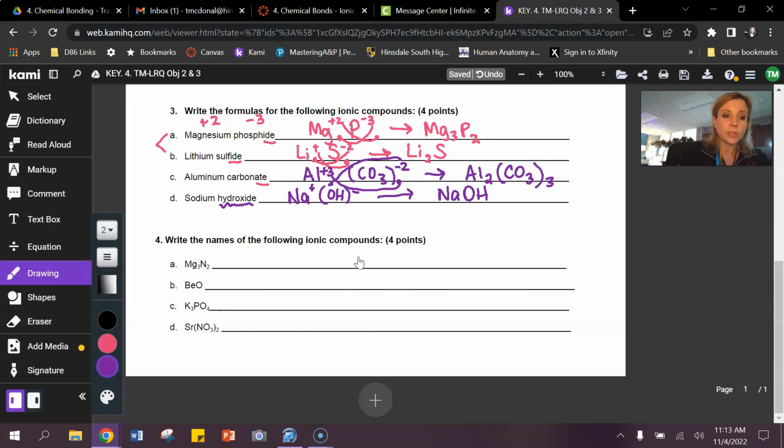This one is called magnesium nitride, because remember, you have to change the ending of your anion to IDE if it's an element on the periodic table. The next one is beryllium oxide.